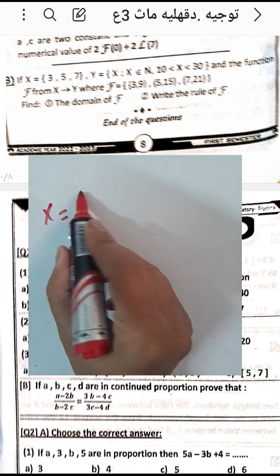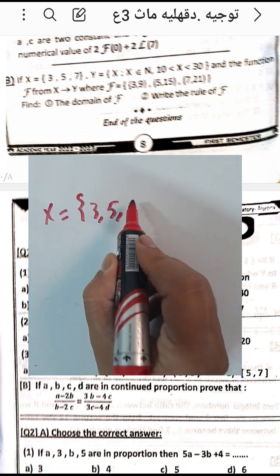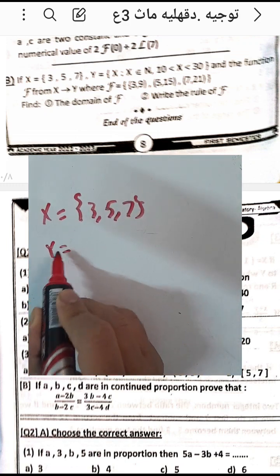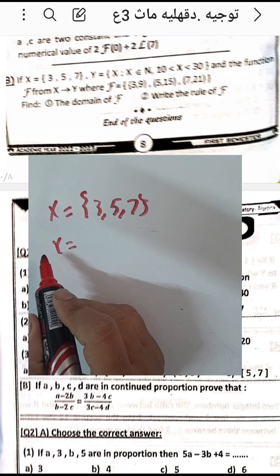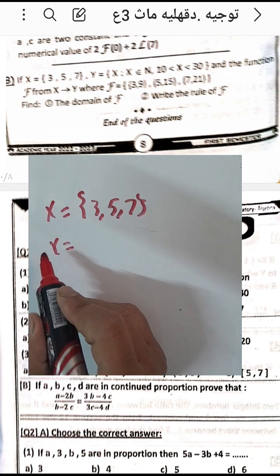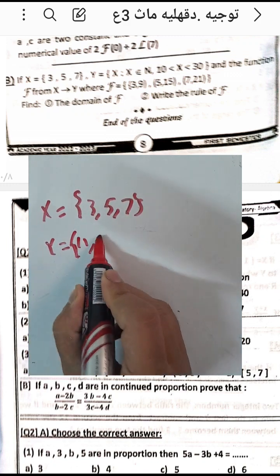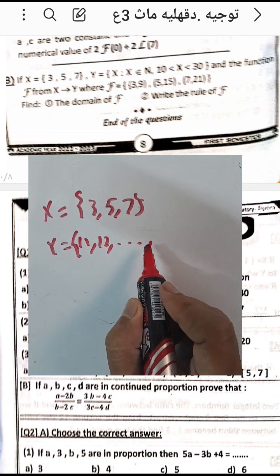We have x and y. X equals 3, 5 and 7, and y belongs to the natural numbers: 11, 12, 13, and 29.